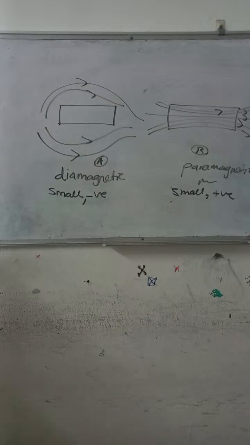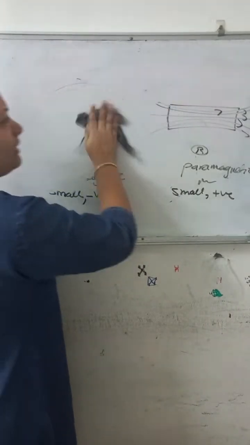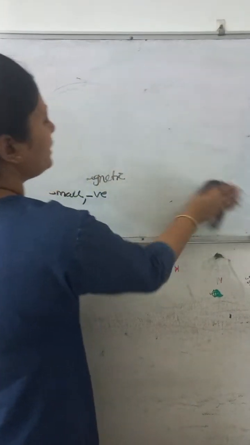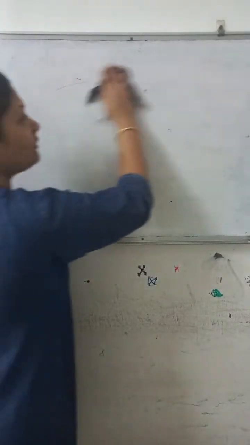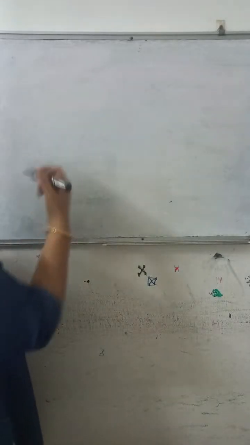Here the bar magnet is kept in the uniform magnetic field, and it is parallel to the magnetic field. Only these two statements are enough to choose the correct answer.